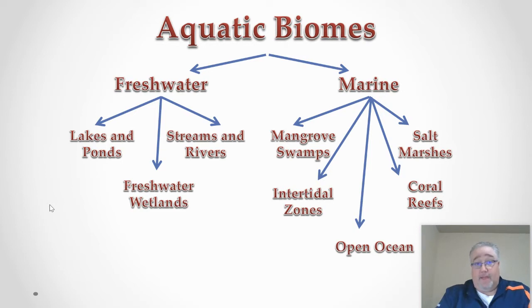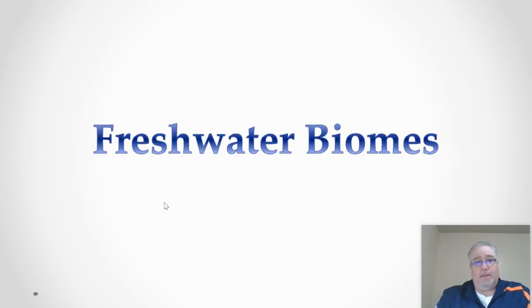This video is going to be about freshwater, and then the second one will be about marine. So we're going to cover today these three biomes on the left here: lakes and ponds, streams and rivers, and freshwater wetlands. They're the ones that make up the freshwater aquatic biomes. In the next video, we'll cover all the marine ones, so I won't go over those today.